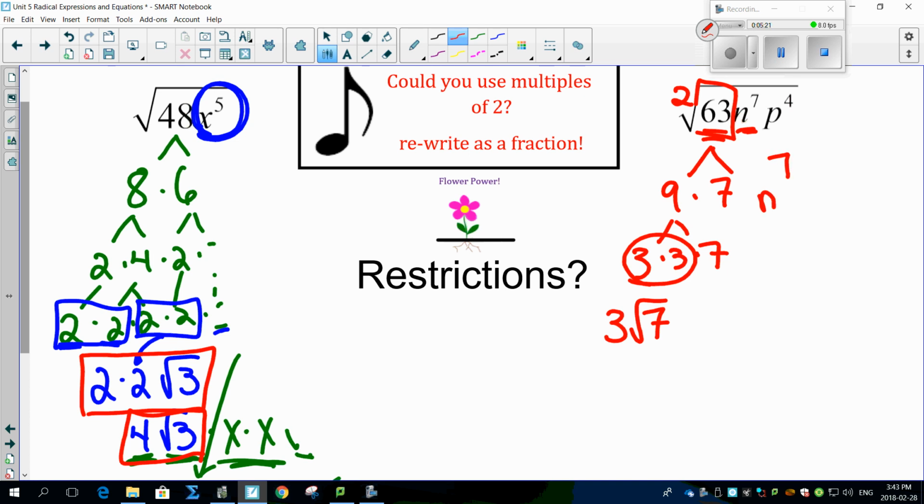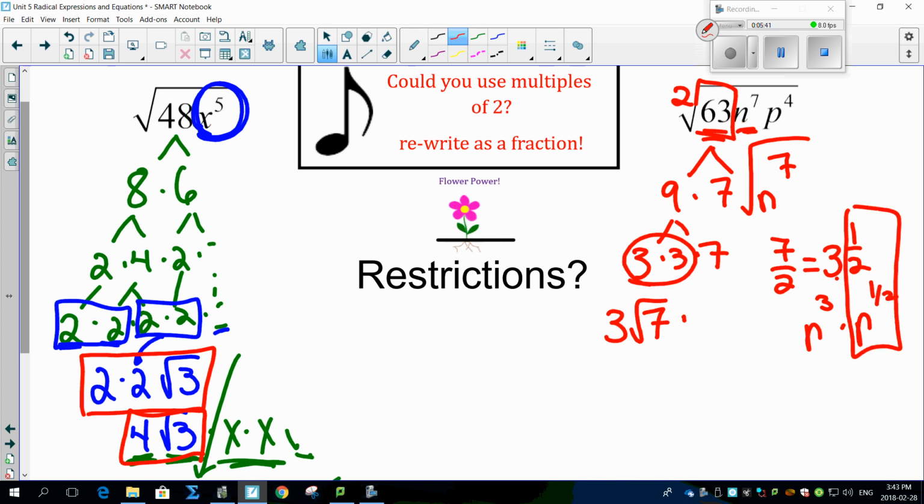Doing the square root of this means do this as flower power. There's the power, there's the root, which works out to be 3 1/2, which means you've got n to the 3 times n to whatever is left, because that's not a whole number. So this gives me n to the 3 here, and the square root of what's left, the square root of 1n.